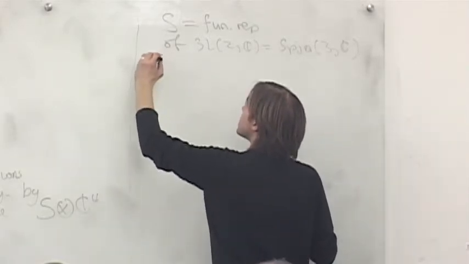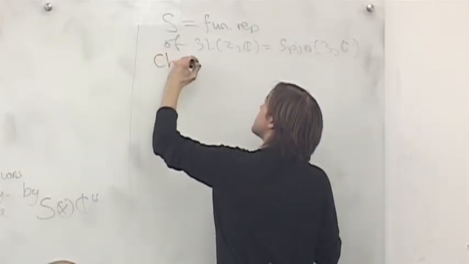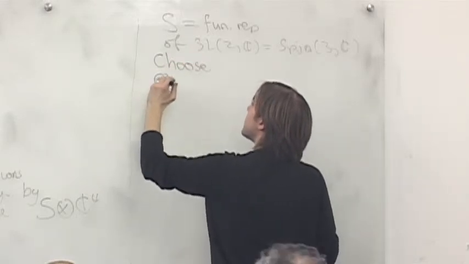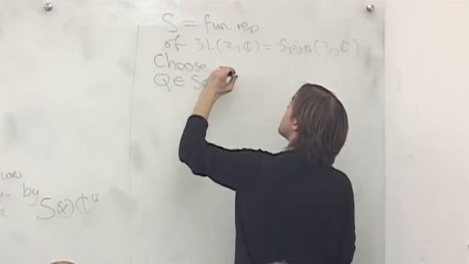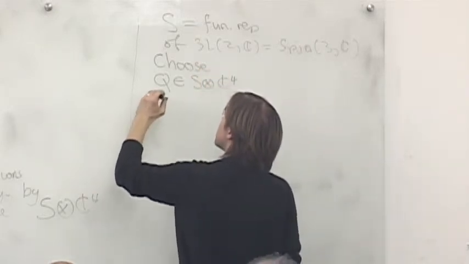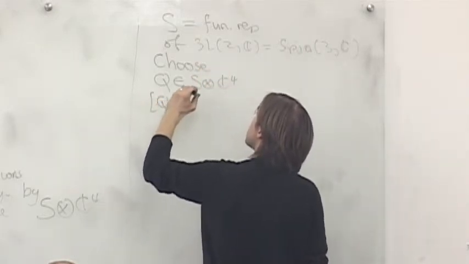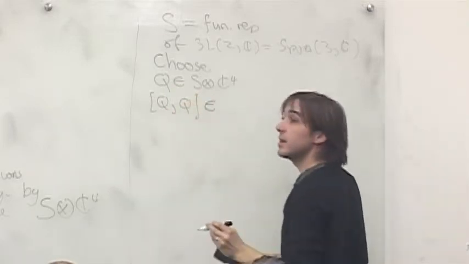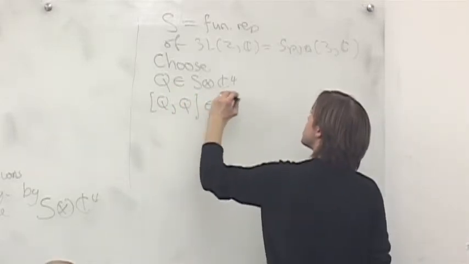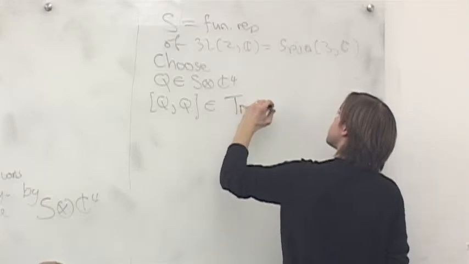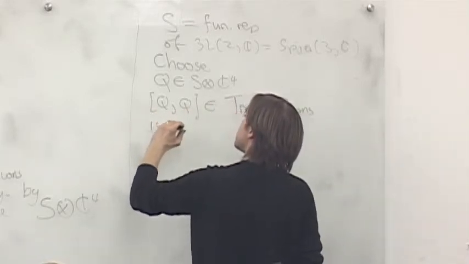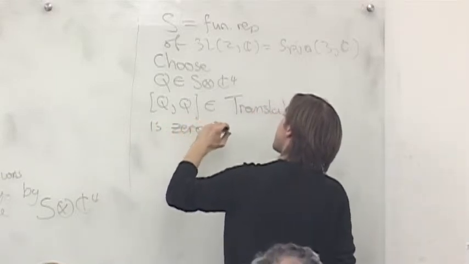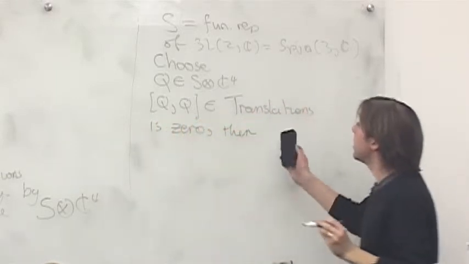If I choose some Q in S tensor C4 such that Q bracket Q, which is some translation, is 0, then what can we do?